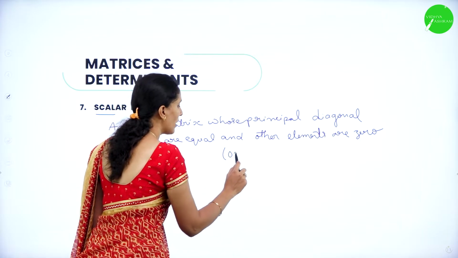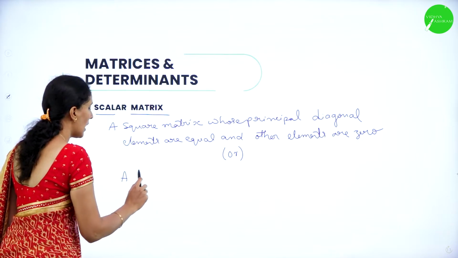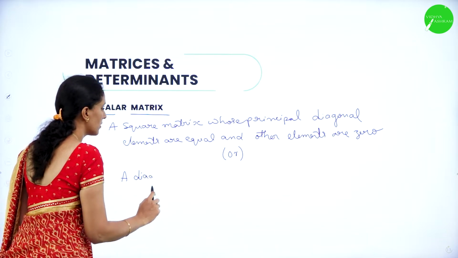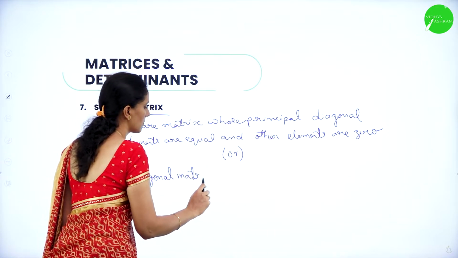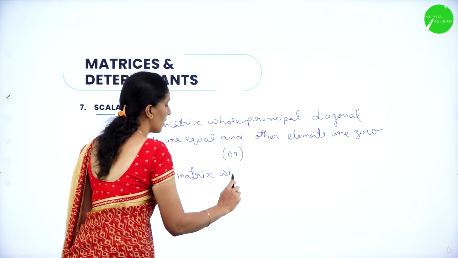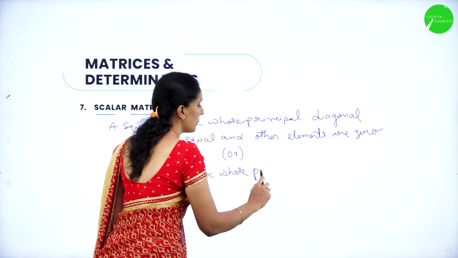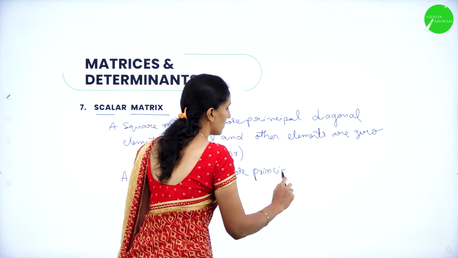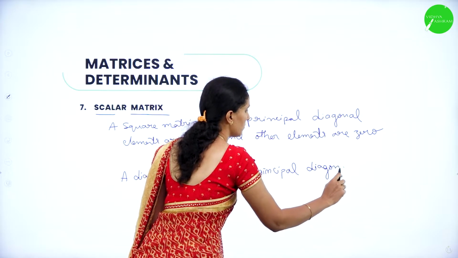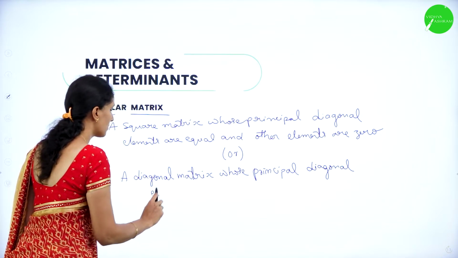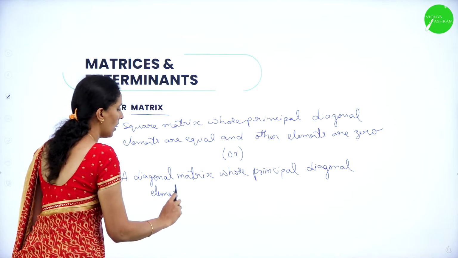Or you can write one more definition: a diagonal matrix whose principal diagonal elements are equal.